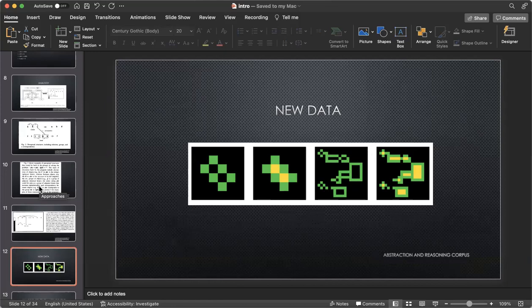In particular, the creator of the Keras architecture proposed and created a new data set and benchmark on these similar kinds of visual analogies. So this is from the abstraction and reasoning corpus of visual puzzles.